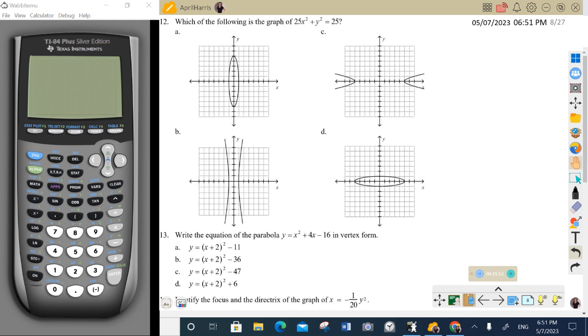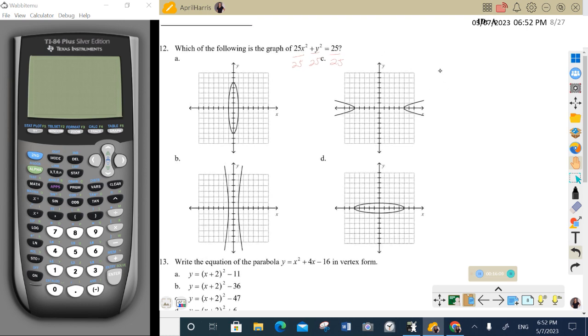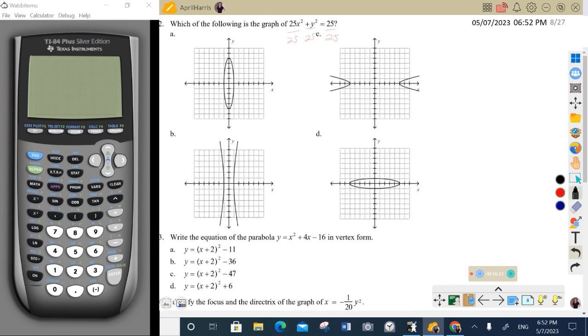Okay, to graph this, we got an x squared, a y squared we're adding, so it's either an ellipse or a circle. They have two different numbers, so it's an ellipse. Remember, you have to set it equal to 1 to put it into standard form. So I'm going to divide everything by 25. So that leaves me with x squared over 1, which is just x squared, and then y squared over 25 equals 1.